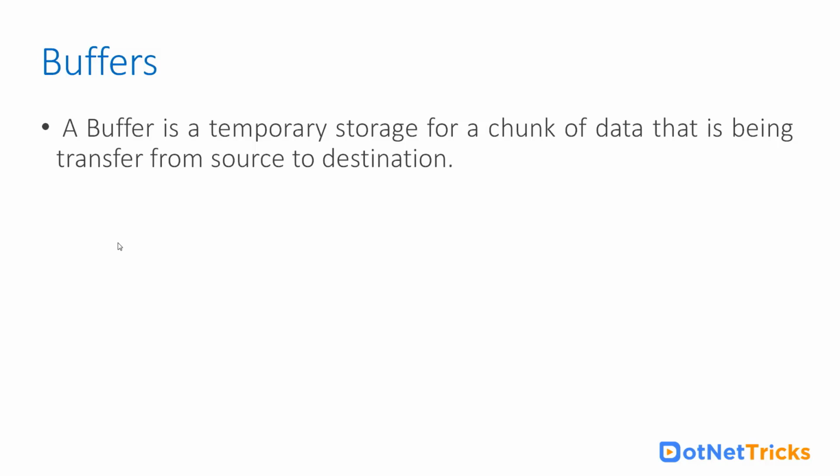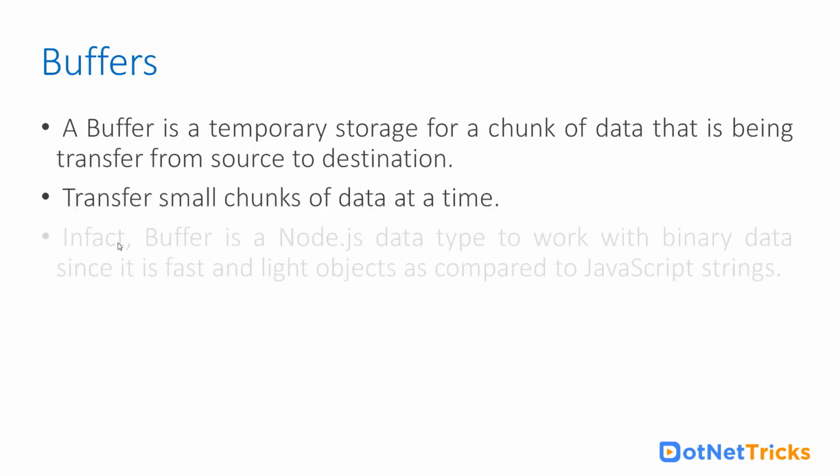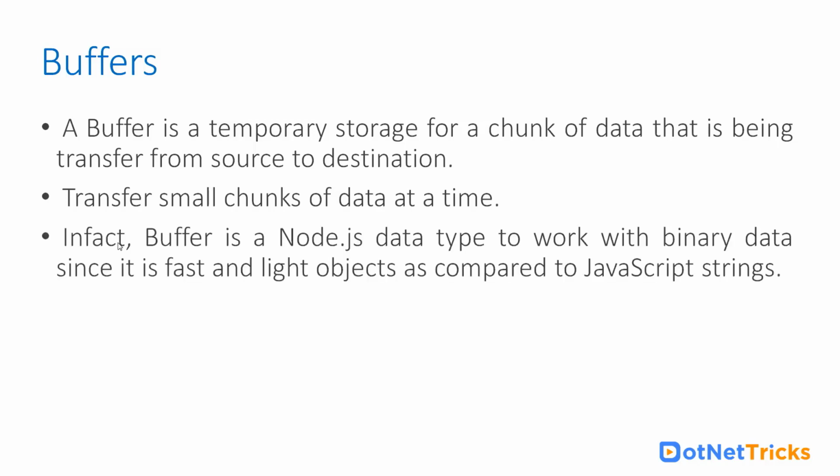If we want to read or write a stream of data, or even modify it, we can use a buffer to achieve that. It can be used to transfer small chunks of data at a time. Buffer is a Node.js data type to work with binary data.